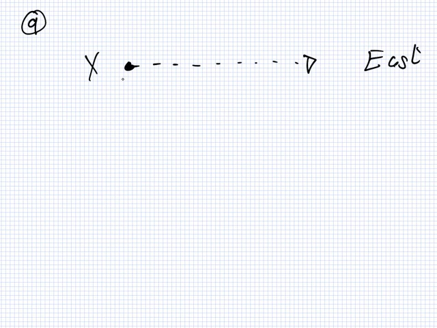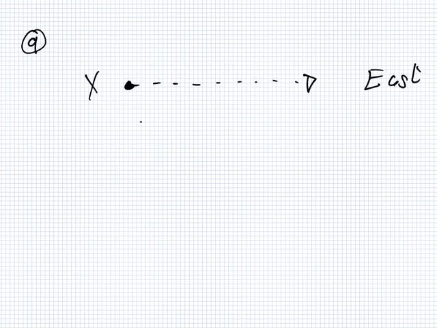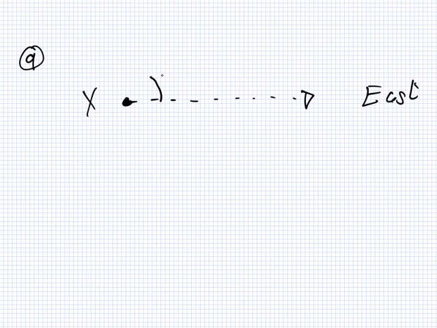Another plane at the same time leaves Y at the same speed. Y is 20 degrees north of east. So up here at 20 degrees, let me draw it like here. Here's Y.